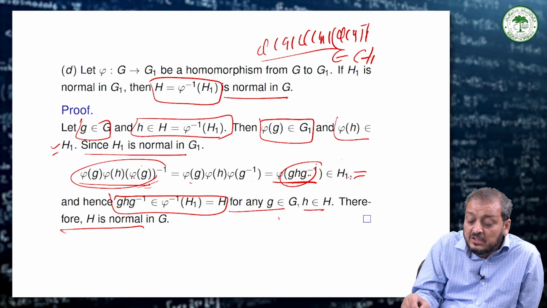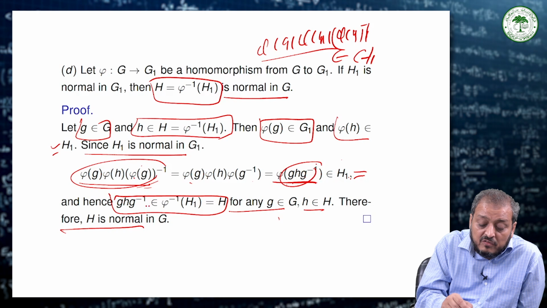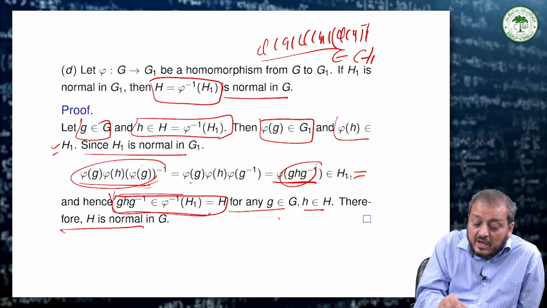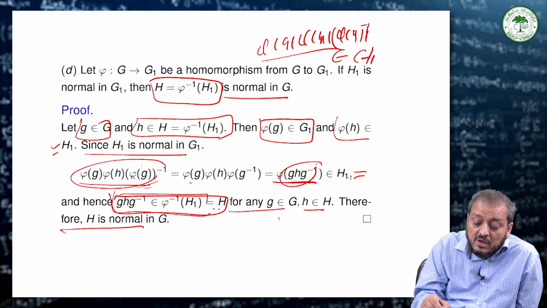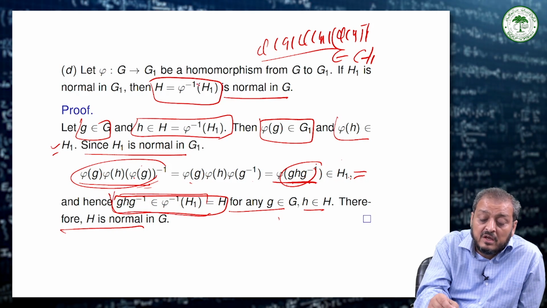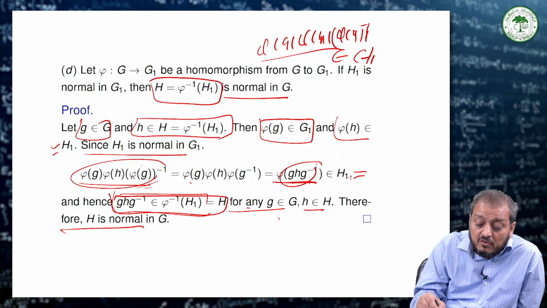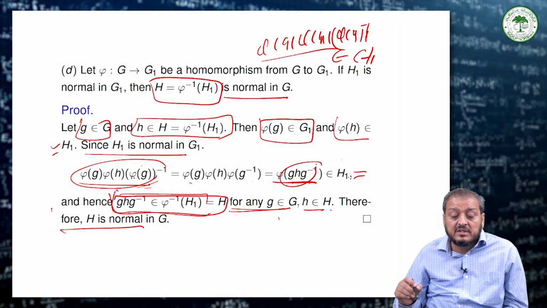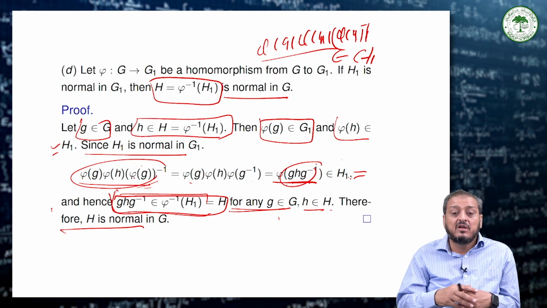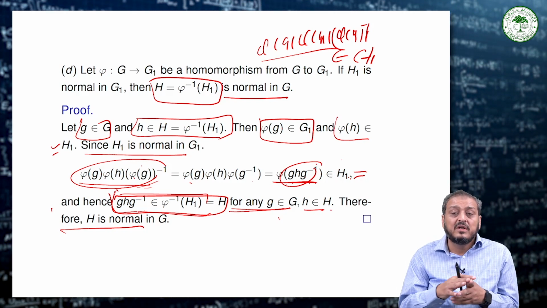So if this is an element of H, then phi inverse of this is an element of phi inverse H1, and phi inverse H1 is equal to H for any g. Therefore we can show that H, written in the form of phi inverse H1, is normal in G.